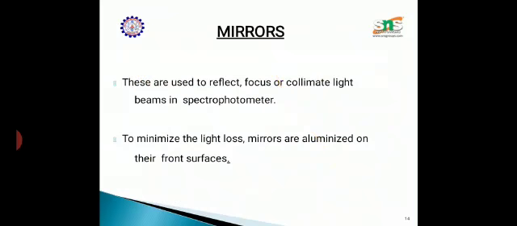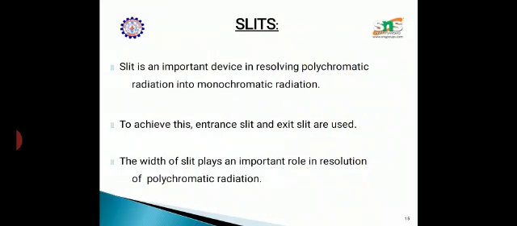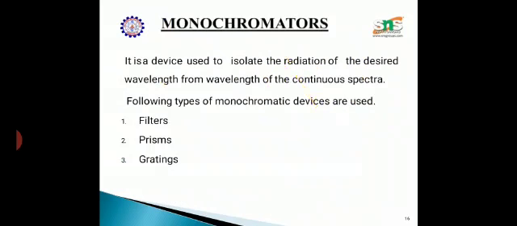Mirrors are used to focus the light and minimize light loss. Then slits. The light coming out is a polychromatic radiation. The slit is an important device in resolving the polychromatic radiation, so based on this we can achieve the radiation in the required format.